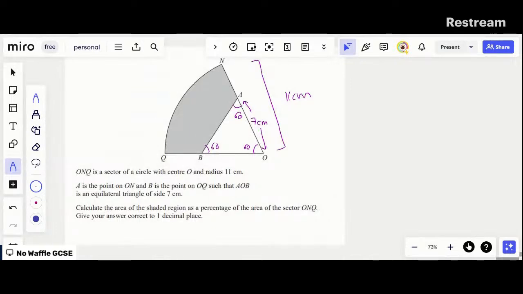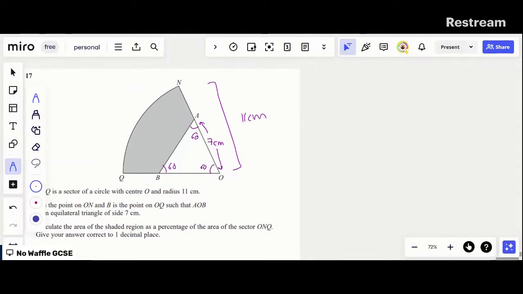Calculate the area of the shaded region. So the area of the entire sector is always the angle over 360 degrees times the area. Now the area of a circle is always pi r squared.